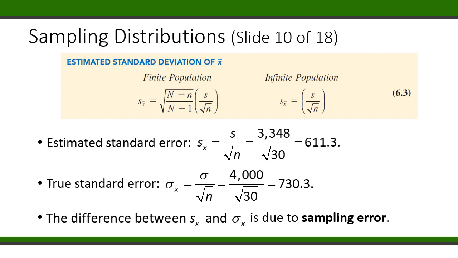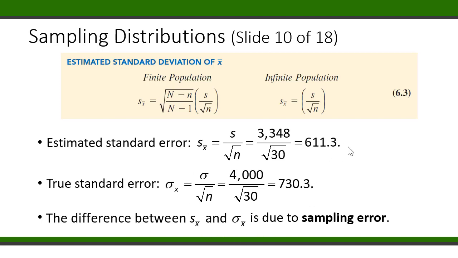If we look at those calculations, we've got the estimated standard error, that's s over the square root of n. We look at that value we calculated, with n square root of 30, so it's 611.3. The true standard error is 4,000 divided by the square root of 30, so that's 730.3. The difference between those two is due to sampling error.